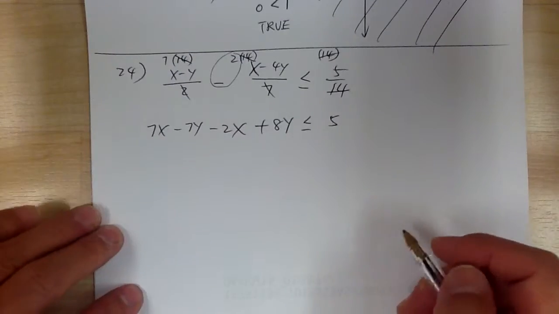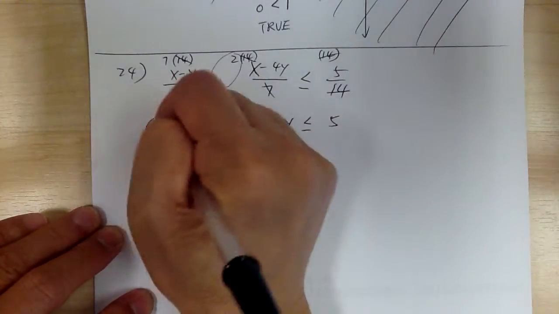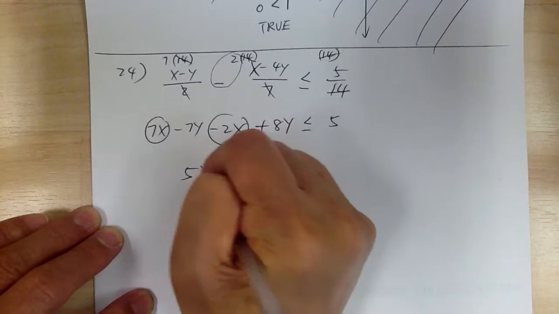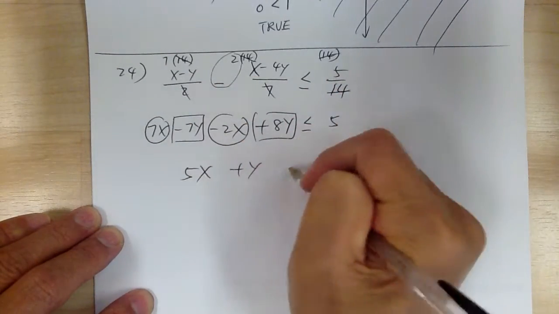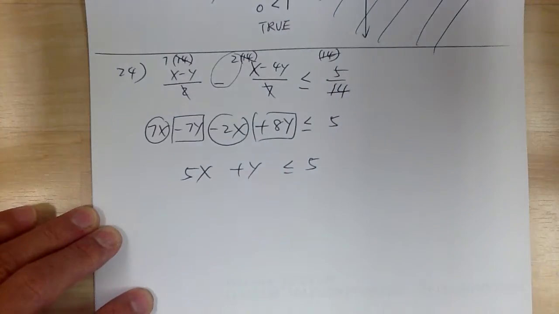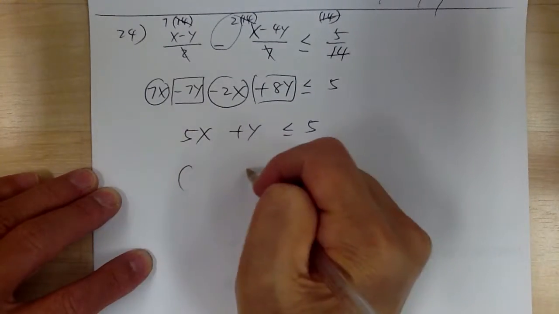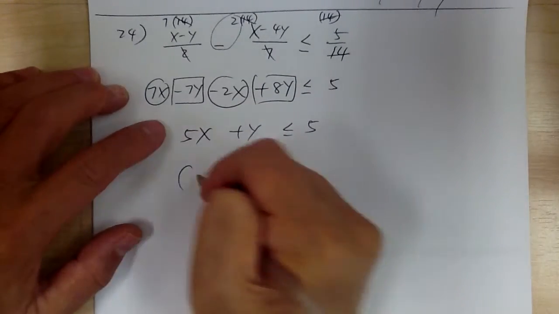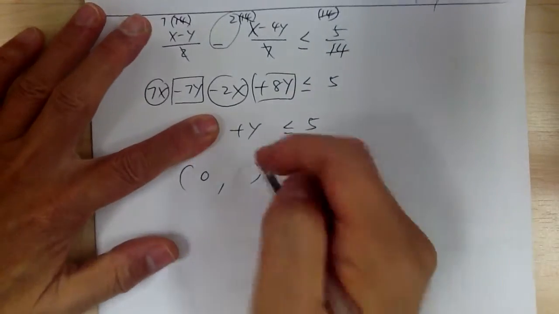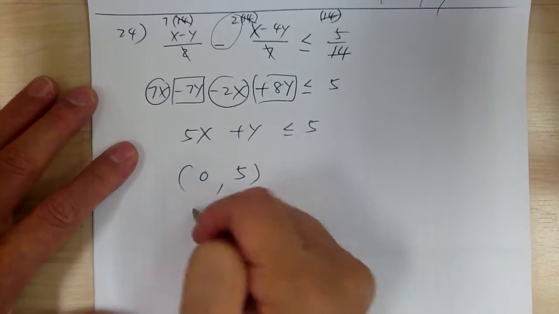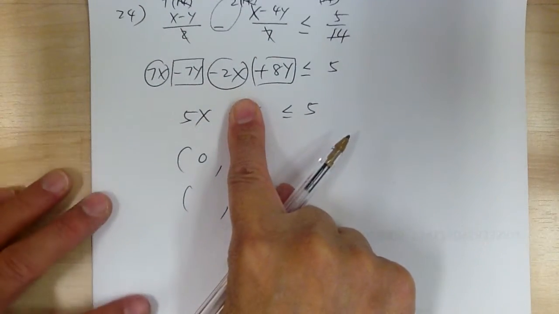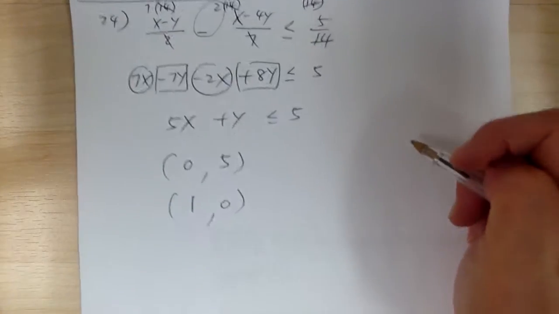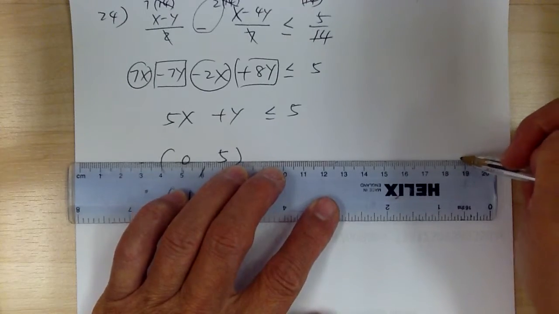Okay, so I'm going to consolidate things a little bit. So the x will have a 5x. The y will be plus y. Okay, then from here, just go and do the regular method, right? So if you let x equal to 0, y will equal 5. If you let y equal to 0, divide by 5, so x will equal 1. Okay, so those are your intercepts.